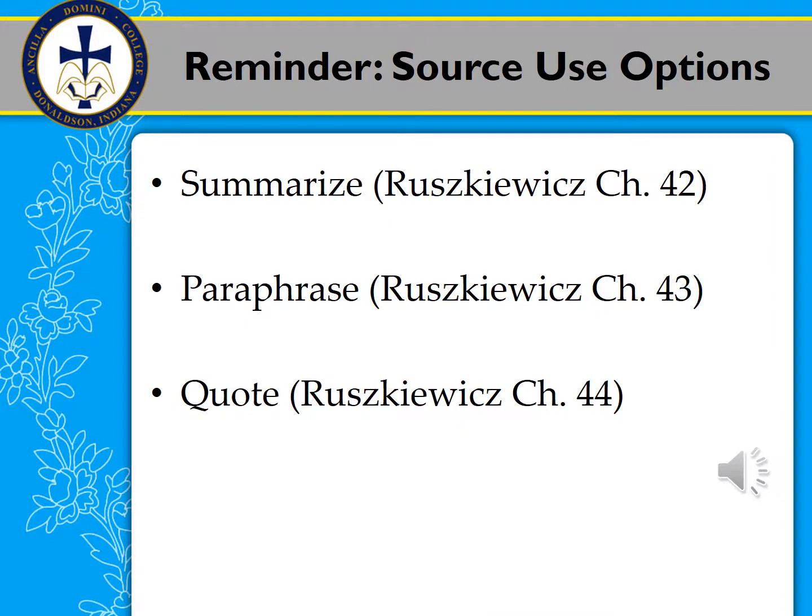Just as a reminder, there are some different options you have when using sources in your work in order to avoid plagiarism. And we've covered these in more detail in other lectures, but here is a list of them and the chapter numbers in case you need to review and go back and look at that again in terms of plagiarism specifically.